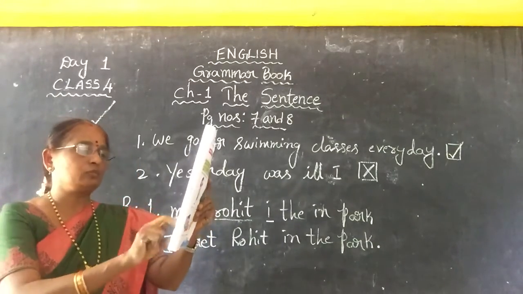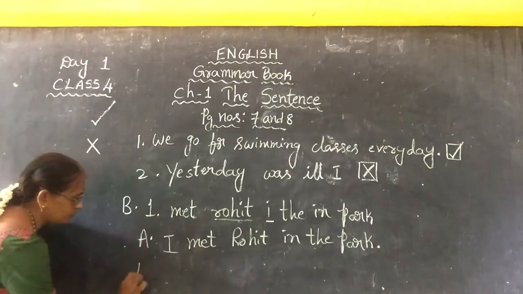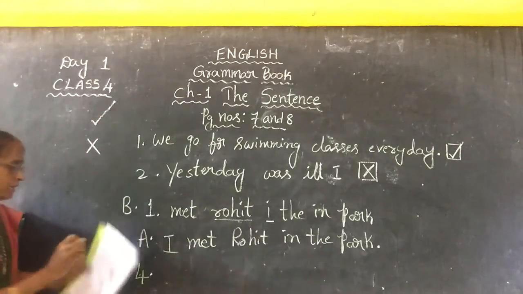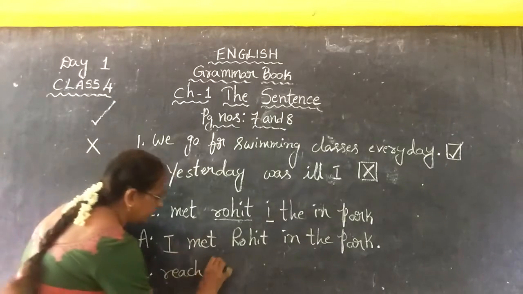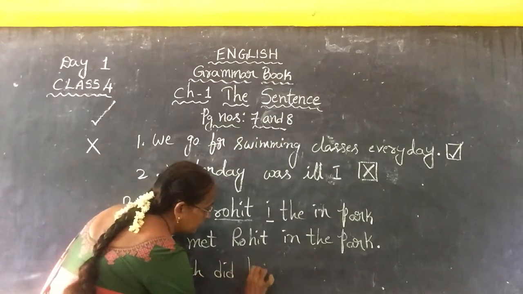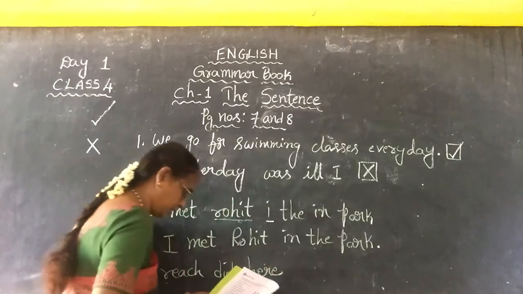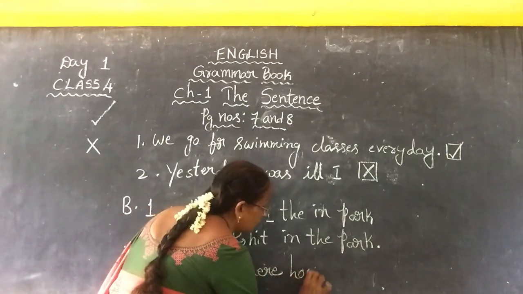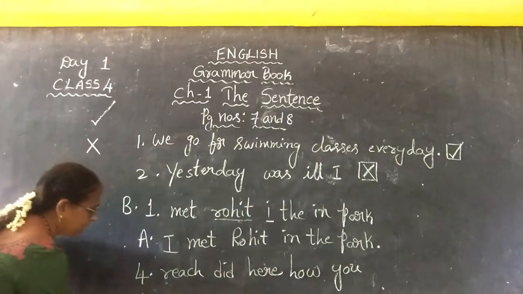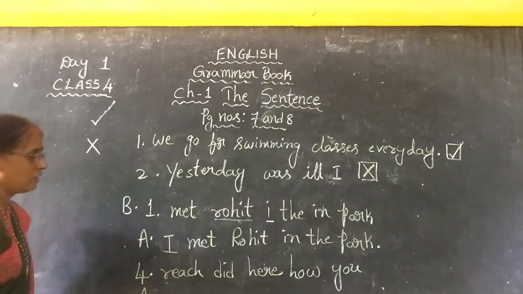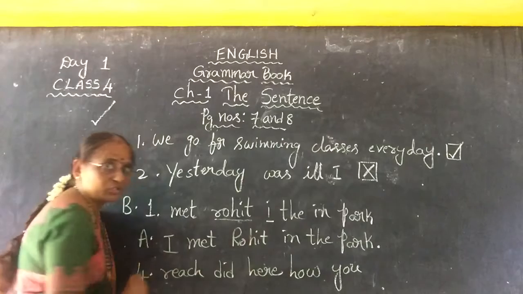Now coming to the fourth one, children. See your fourth one. What is the fourth one? Reach, did, here, how, you. See, we have to write this answer correctly. See, how is a question word, I told you, no?